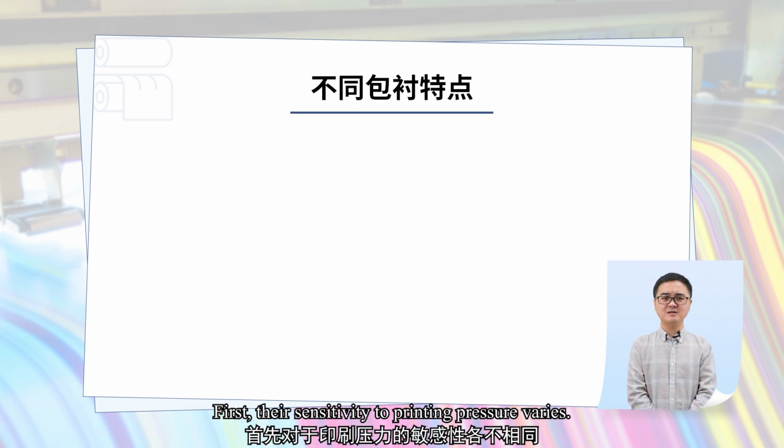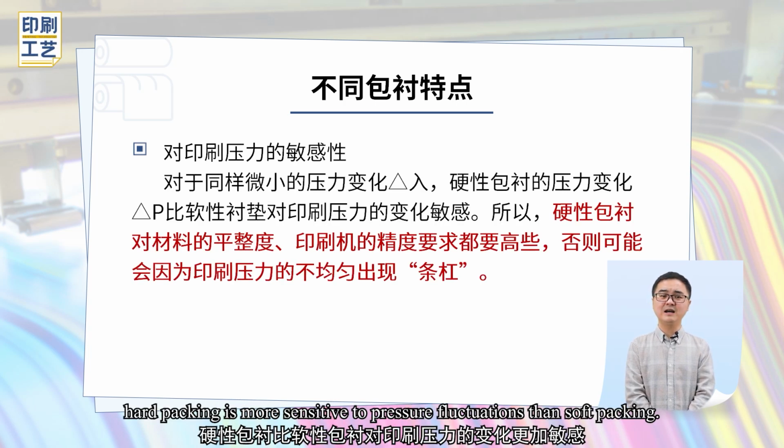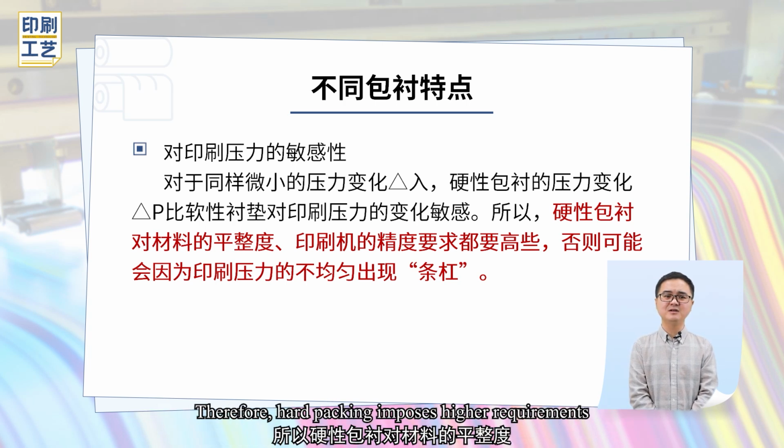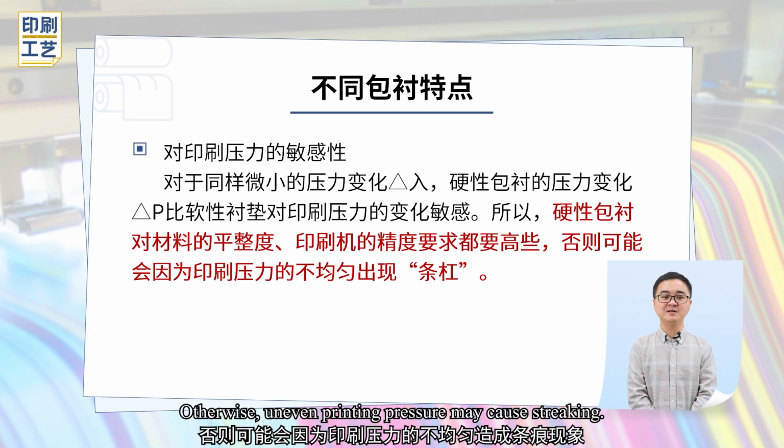First, their sensitivity to printing pressure varies. For the same minor pressure change, hard packing is more sensitive to pressure fluctuations than soft packing. Therefore, hard packing imposes higher requirements on material flatness, press precision, etc. Otherwise, uneven printing pressure may cause streaking.